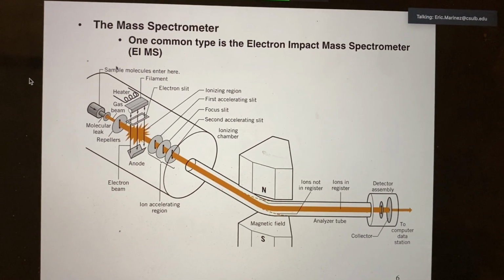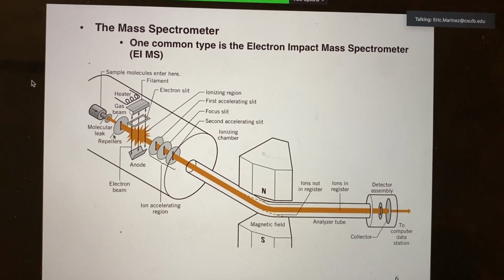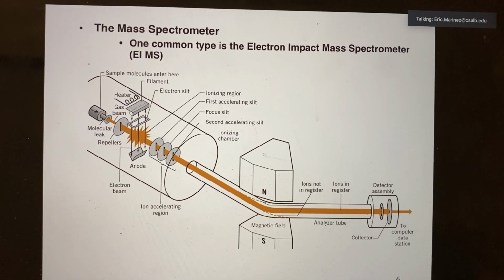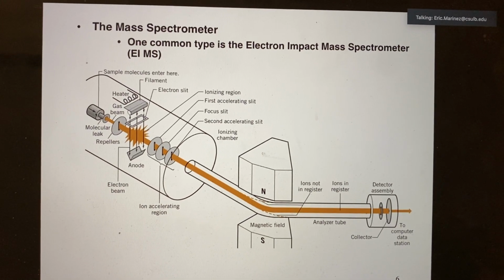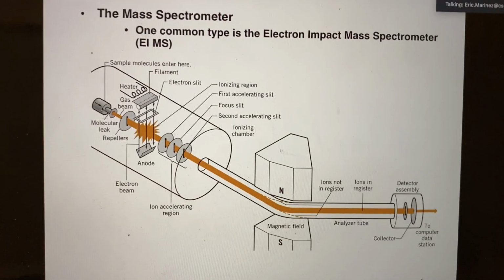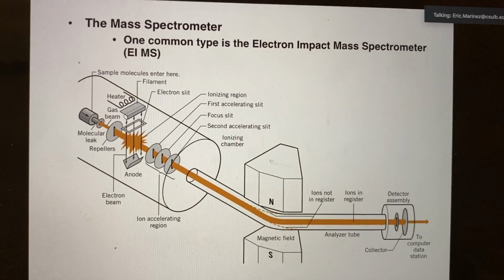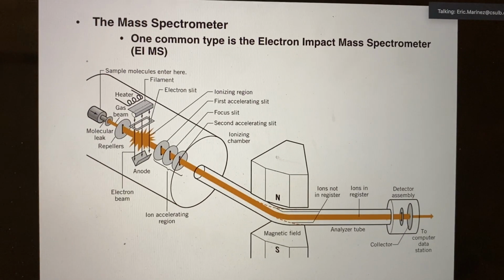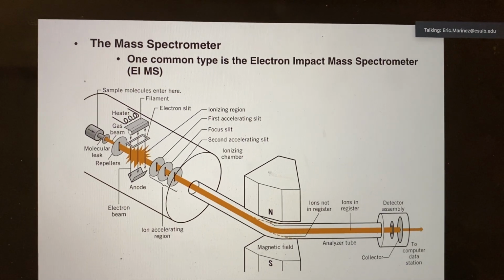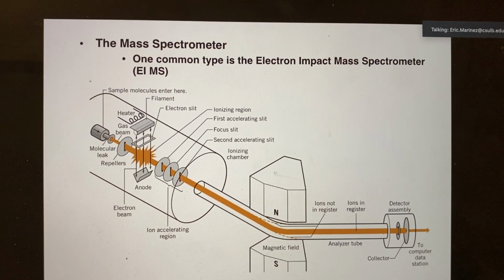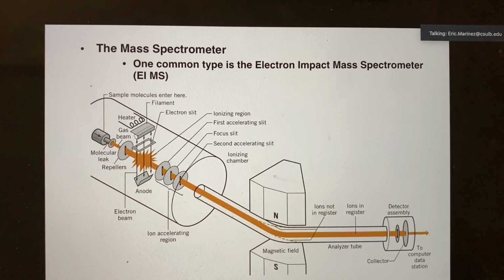At some point, I'm going to take this molecule and vaporize it, getting it into the gas phase. Why do I want to put it in the gas phase? Well, one of the things you've learned in general chemistry is gases don't collide, right? Particularly if they're ideal.